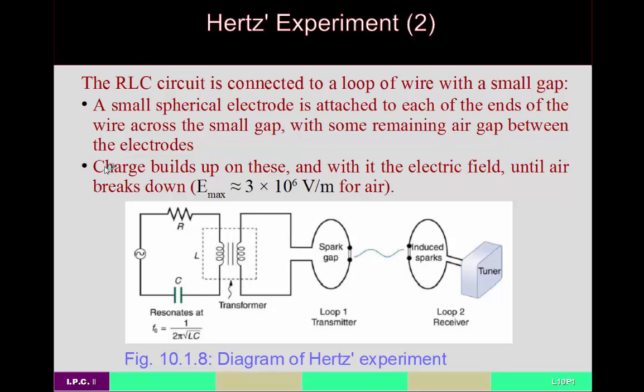So you build up charge on these two spheres, these two little electrical ends of the wire, until you have an electric field between them of about 3 times 10 to the 6 volts per meter. That's the breakdown field strength for air. Once that happens, you get a spark that jumps between the two.